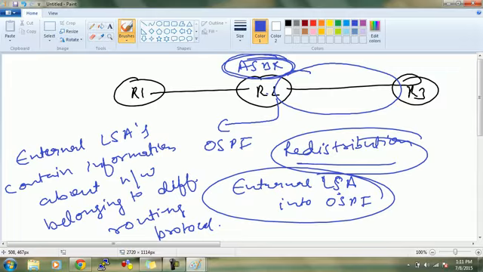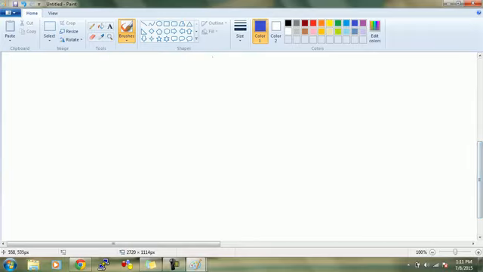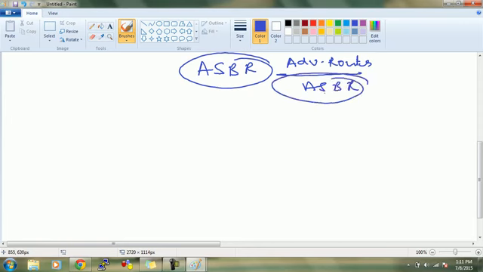This thing is clear. It means EIGRP networks in OSPF are stored in which LSA? External LSA. Who will generate the external LSA? ASBR. Who will be the advertising router for the external LSA? ASBR. Agree? This thing is clear.